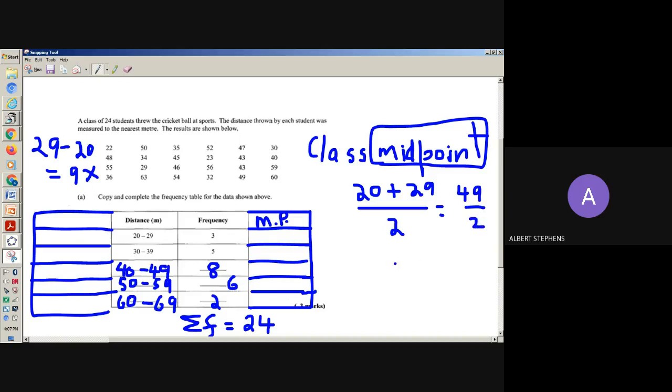What's 49 divided by 2, class? 24.5. All right, so the class midpoint for that interval is 24.5. Can you work out the rest for me, please?